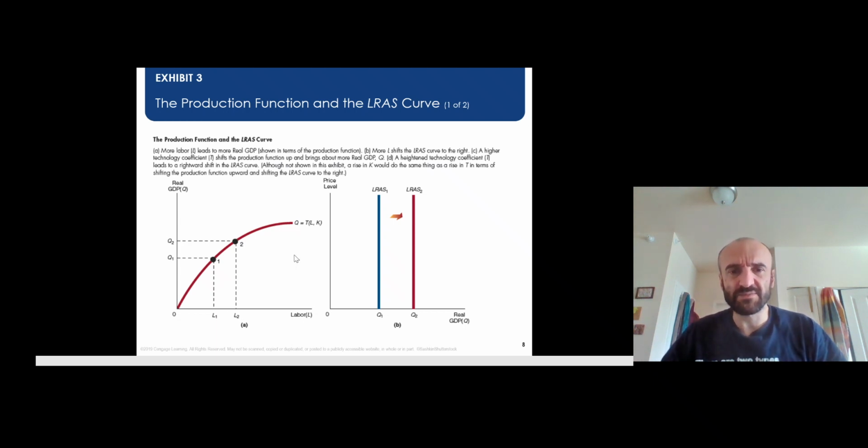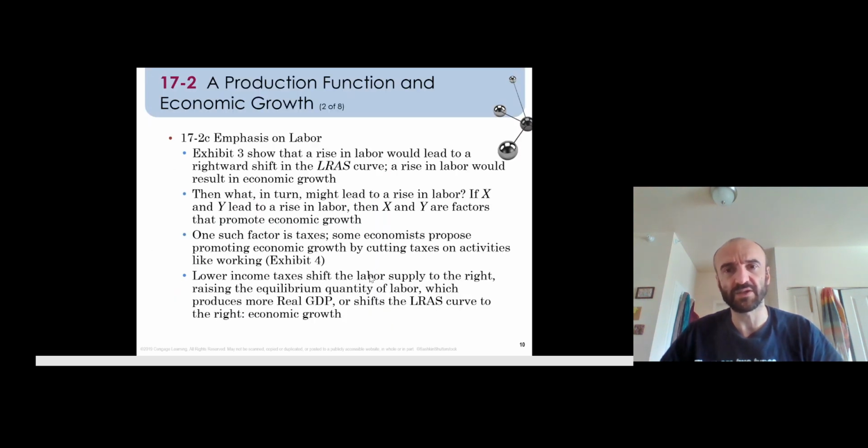So now let's make it precise what we mean by saying that quantity of labor went from L1 to L2. What exactly do we mean by that? We mean that the number of labor hours worked will increase. That's what it means. It doesn't necessarily mean that more people will be working.